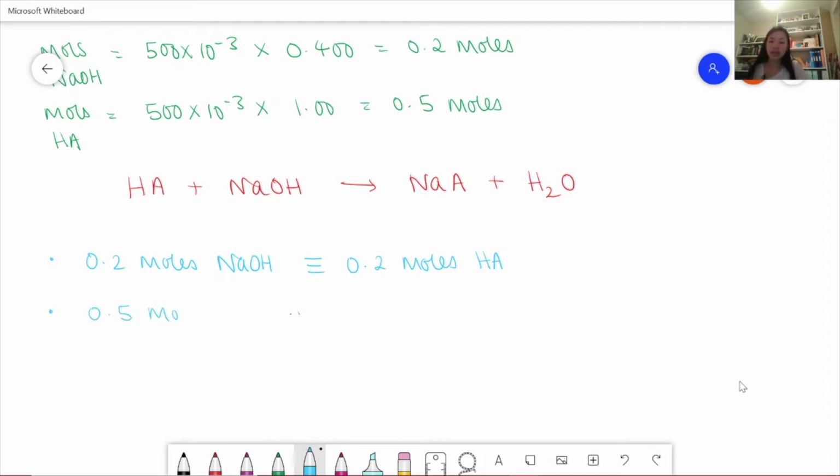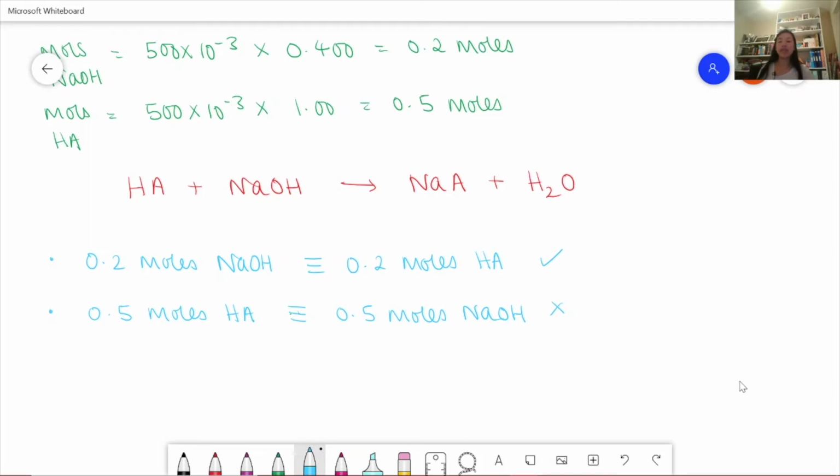This will react with 0.5 moles of sodium hydroxide, because of that 1-to-1 ratio. We can see from this that the second scenario can't happen because we don't have enough sodium hydroxide. That means the first scenario happens.